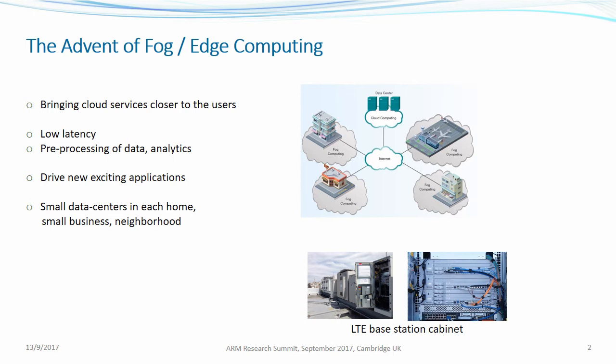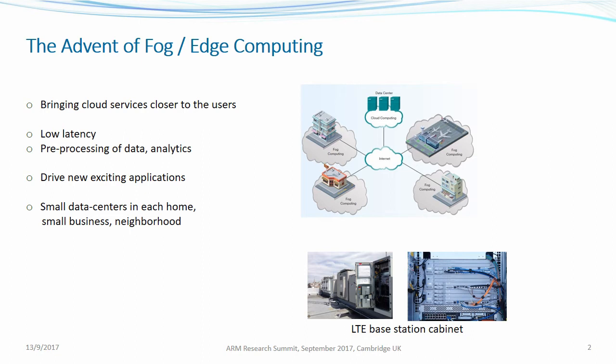If we focus on edge computing or fog computing, the main idea is to bring the cloud services closer to the users, and there are a couple of reasons to do that. First, some applications need low latency, so it's not possible to move the data to the data center and process them there.